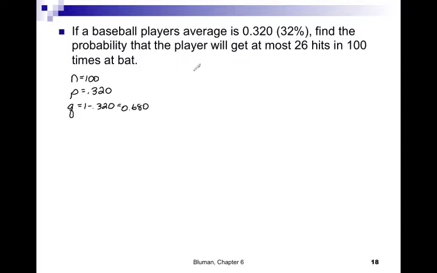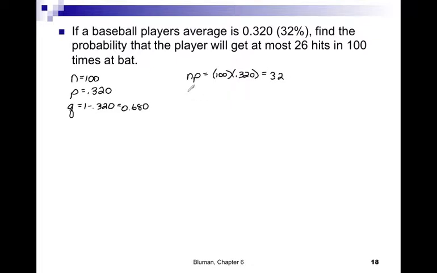So to check to see if we can use it, we have to do N times P, which is 100 times 0.320. And that gives us 32.